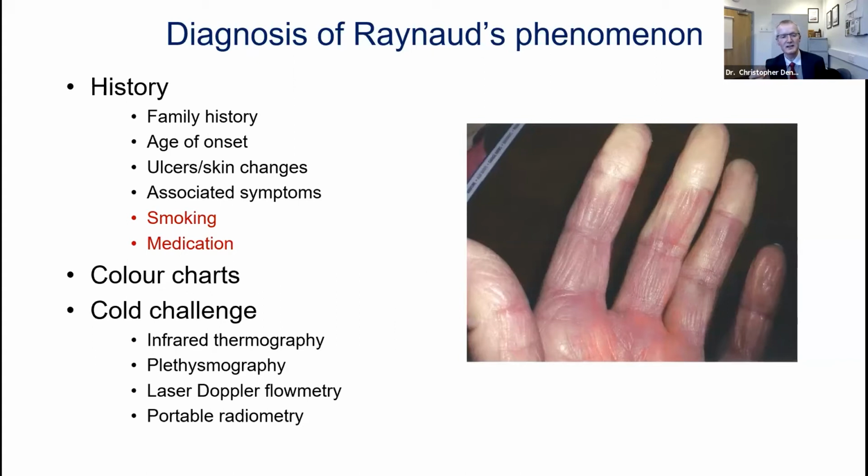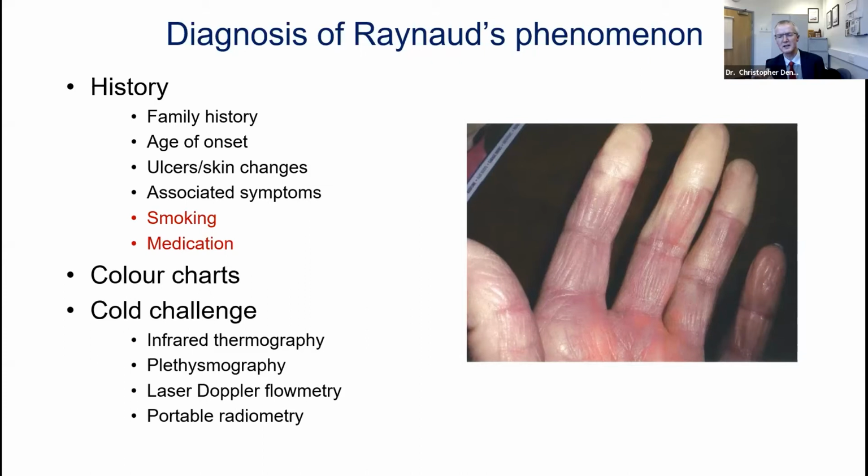The age of onset is quite relevant, and again, primary Raynaud's tends to start in the teenage years or as a young adult. We'd always take a history about whether there might be complications of digital vasculopathy, ulceration, or definite skin changes, because again, this is much more in keeping with a secondary Raynaud's phenomenon.